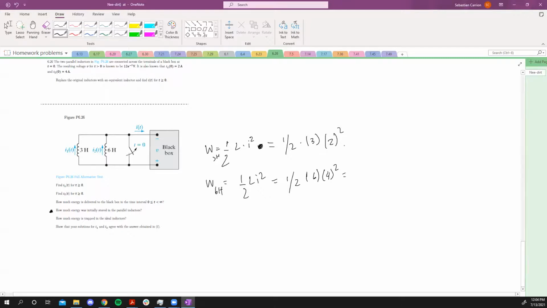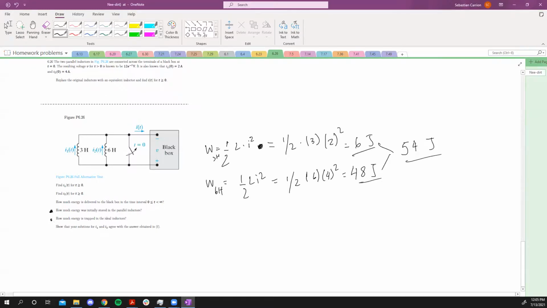Here we're going to have 6 joules for the 3 Henry inductor and 48 joules for the 6 Henry inductor. The total energy between these two would be 54 joules.